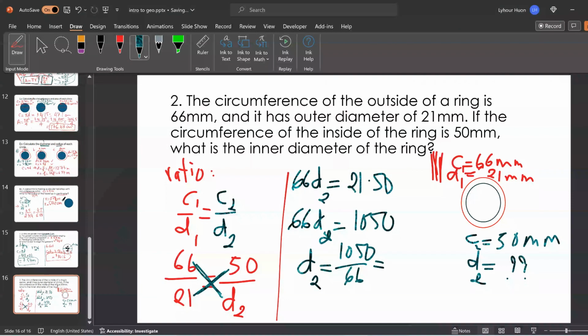I'm going to do this manually. 66 times 2 equals 132. 1050 divided by 66.